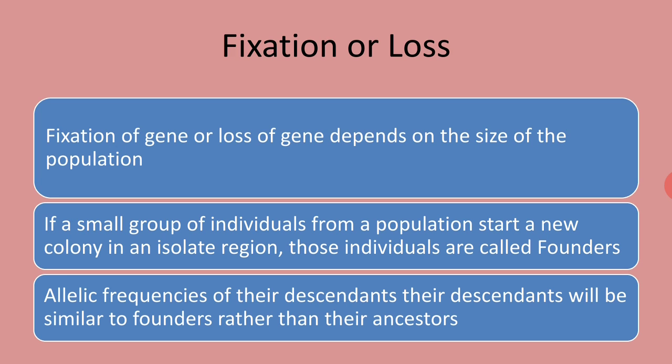And the allelic frequencies of their descendants, that means the descendants of founders, will be similar to the founders rather than their ancestors. Founders are the individuals that got separated from the parental population. But the progeny of the founders resemble the founders, that means the immediate parents, rather than the original parental population.